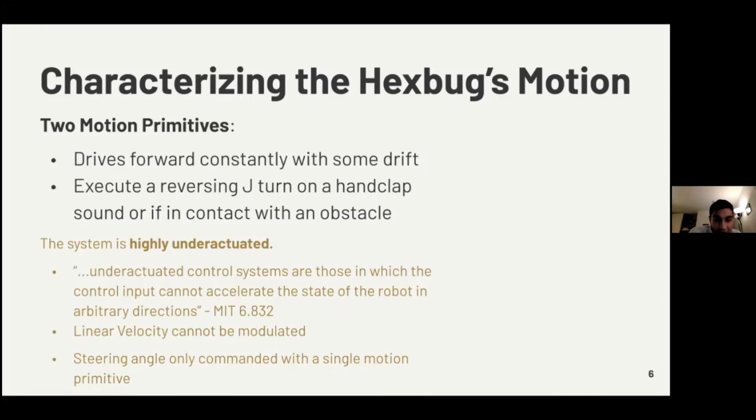The robot has to continue at a fixed pace without any direct control over the linear speed. And in addition, the steering angle can only be commanded by one primitive, where we provide some sound input and the robot performs this turn. Because of this, the robot is a highly underactuated system, and this is what really forms the challenge in motion planning for the system.